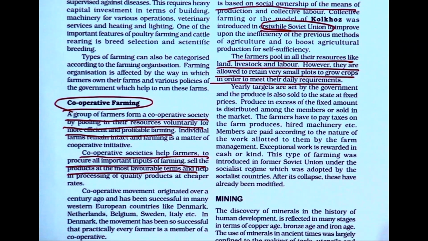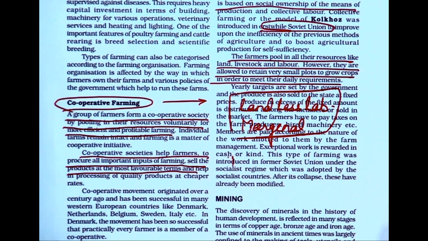Actually, cooperative farmings are still relevant. And whenever today we talk about our landless laborers or marginal farmers, we are essentially talking about cooperative farming.